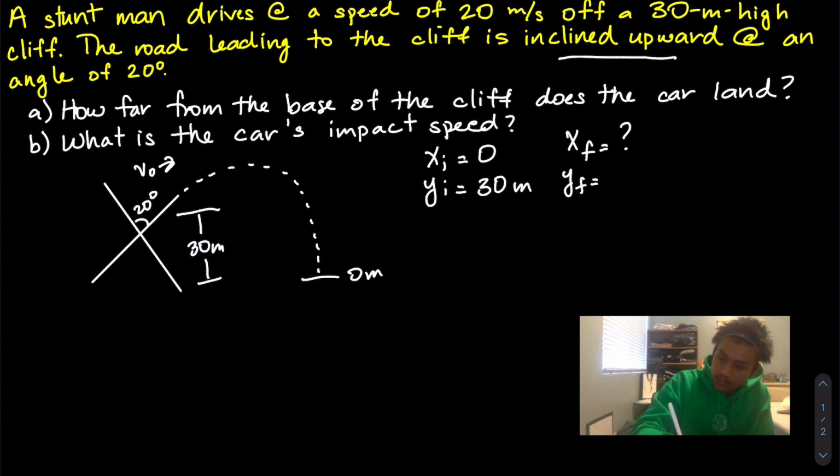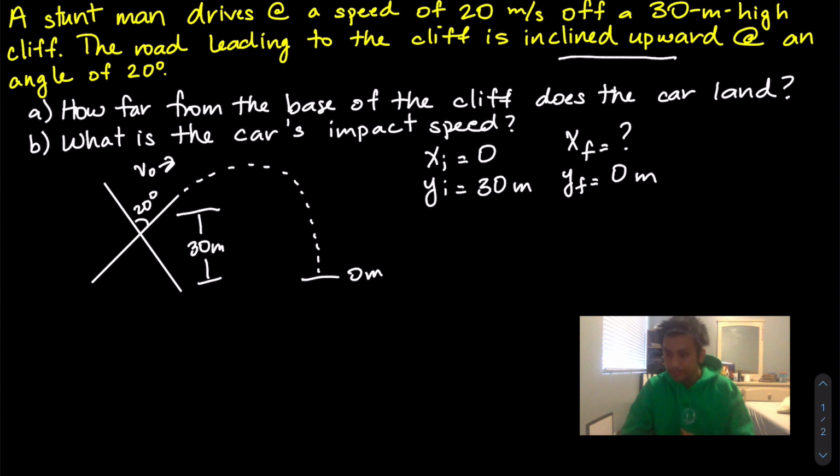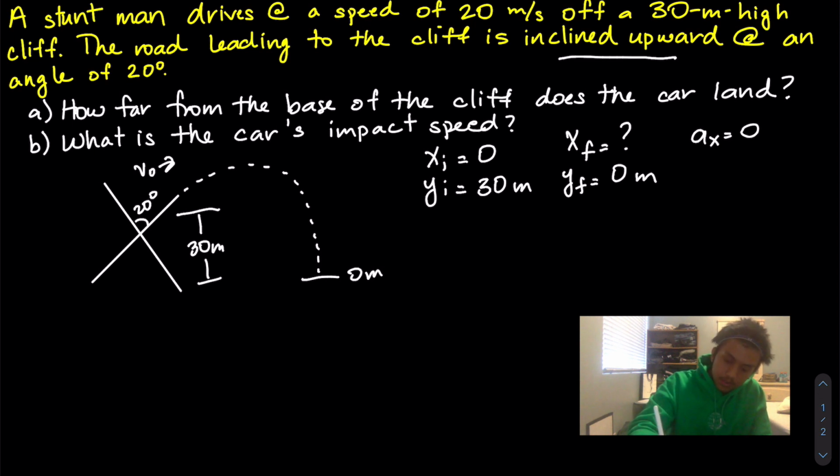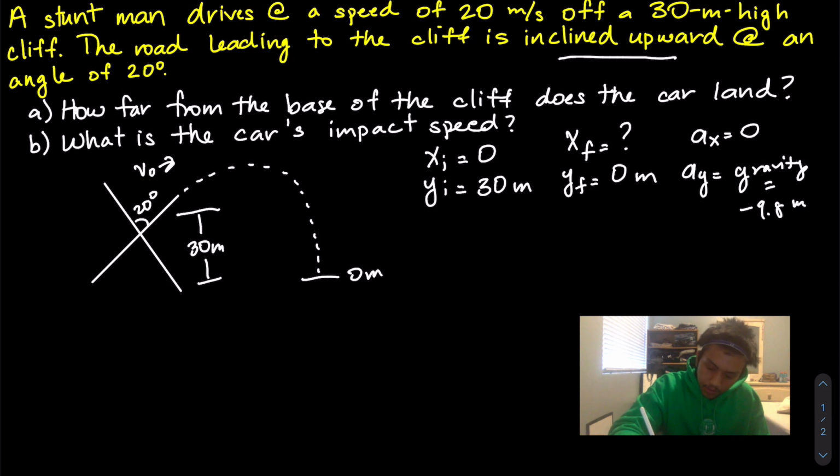And our y final is going to be 0 meters because it's going to end up hitting the ground. So we know the acceleration for the x component is going to be 0 just because it's moving at a constant rate. And our acceleration for the y component is going to be gravity, which is also known as negative 9.8 meters per second squared.